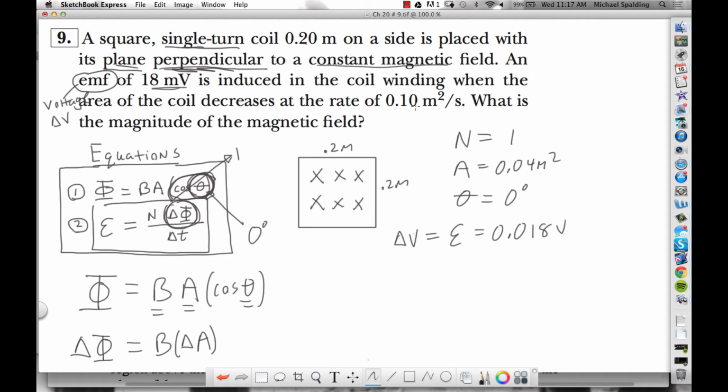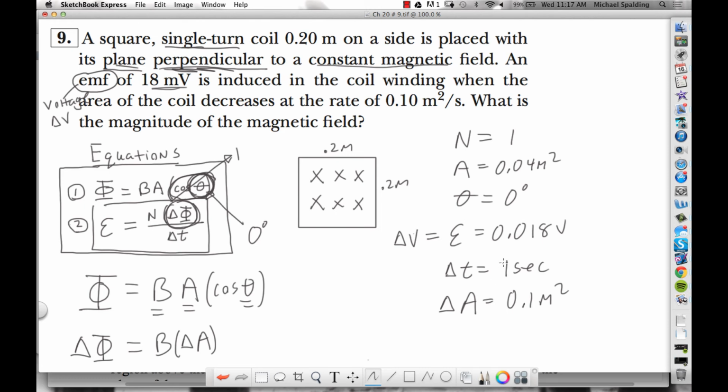So who can tell me what to do here? Pick a time interval. What would be a good time interval to choose? I just choose 1 second. If you focus on a 1 second time interval, what's going to be your change of area? 0.1 meters squared.